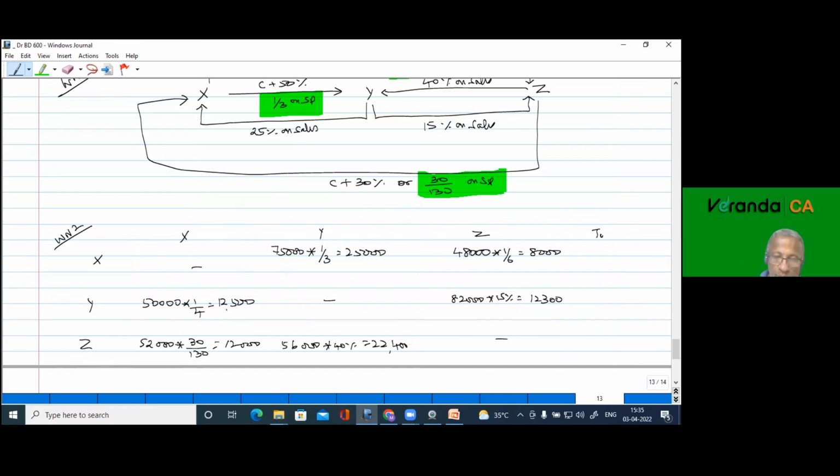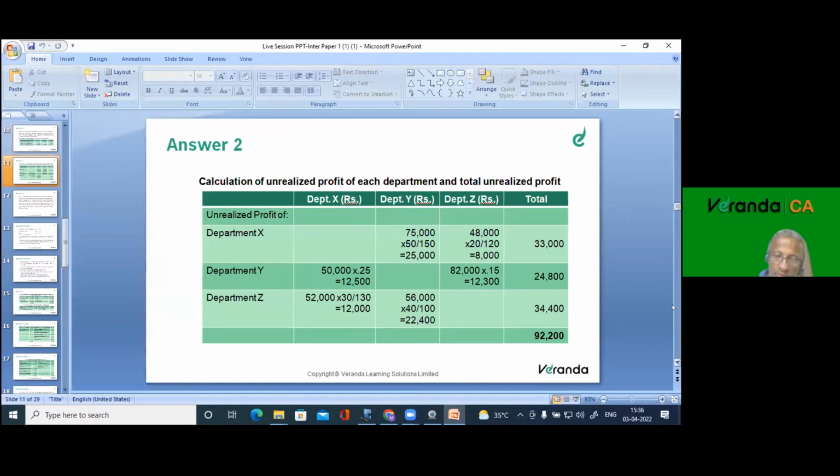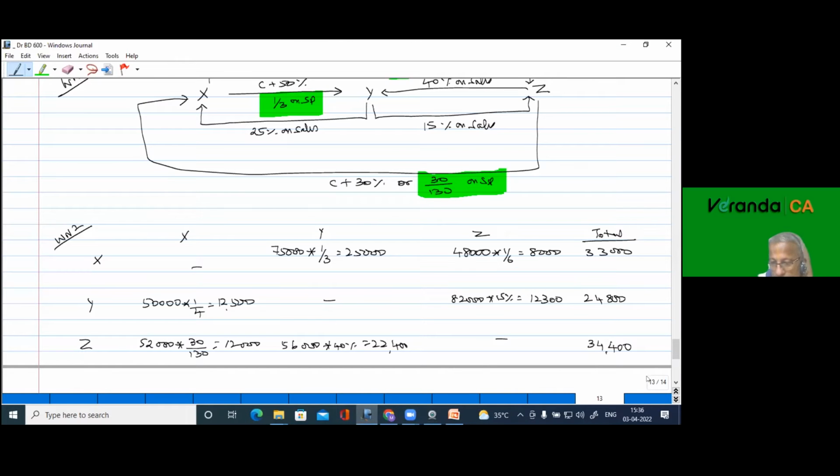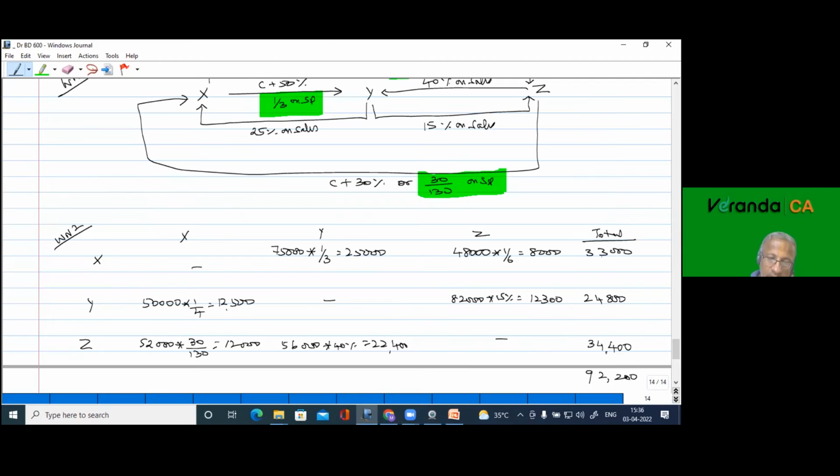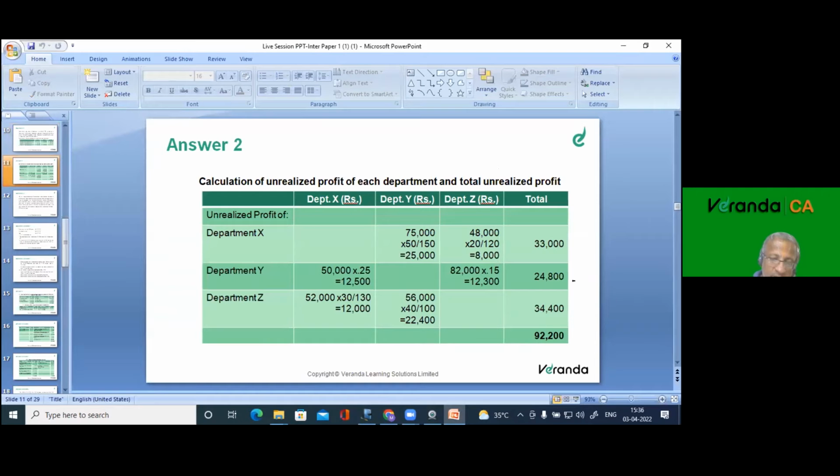Total comes to 33,000, 24,800, and 34,400. Now let us see exactly what we have: 92,200. That's it. 33,000, 24,800, 34,400. That's it.